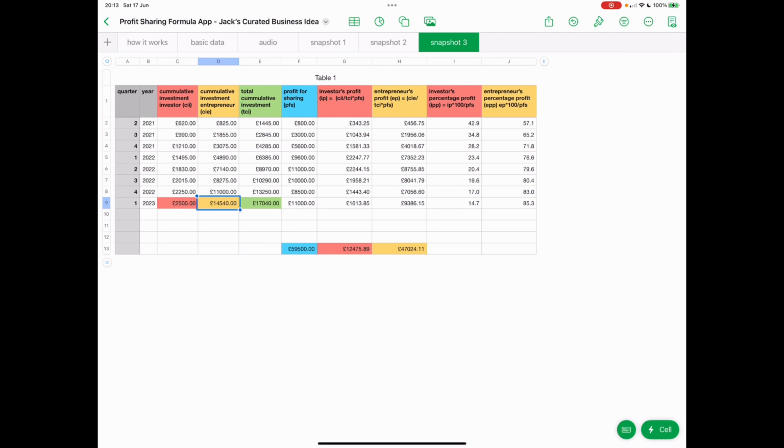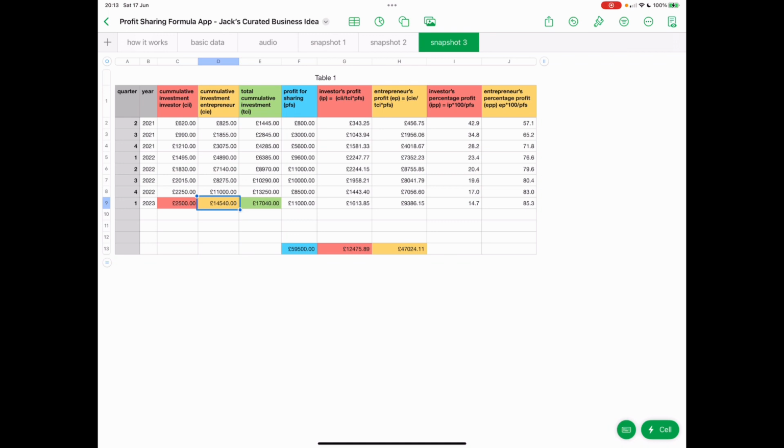So we continued calculating using the same formula for the other figures. The calculation is on the first line, how I calculated it. So, for example, at the end of quarter one in 2023, the cumulative investment by the investor was 2,500.